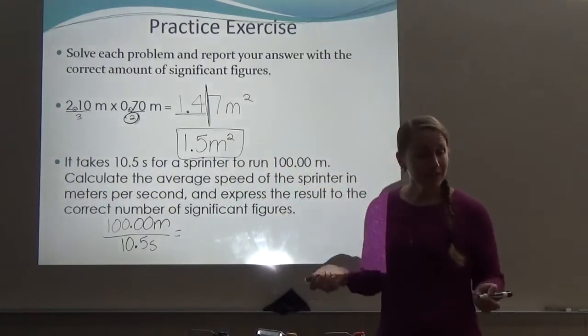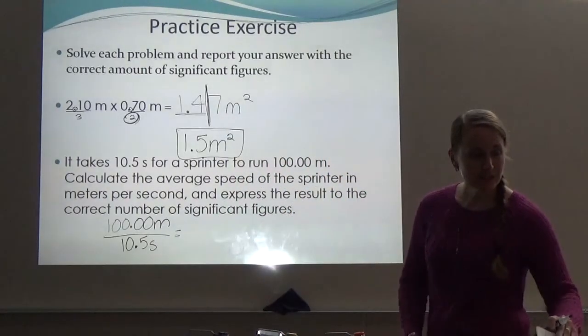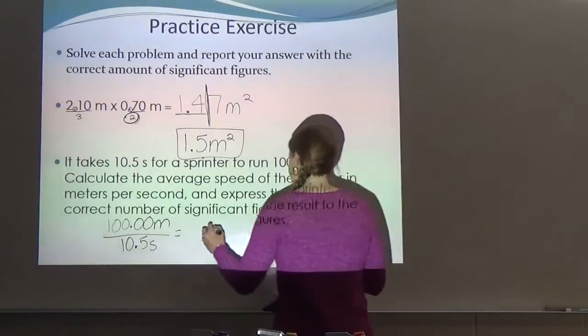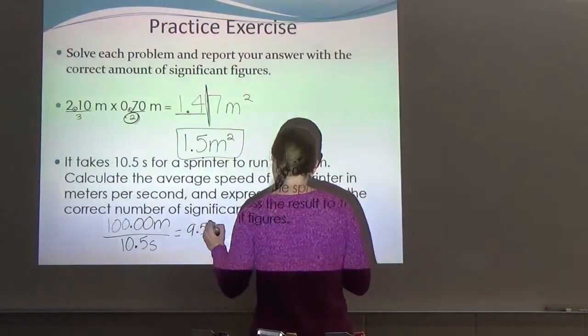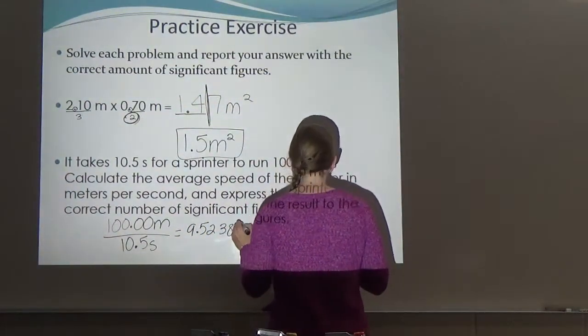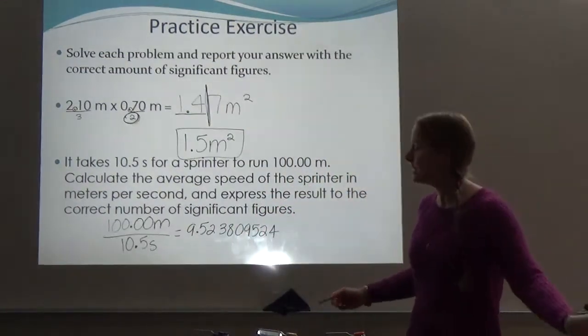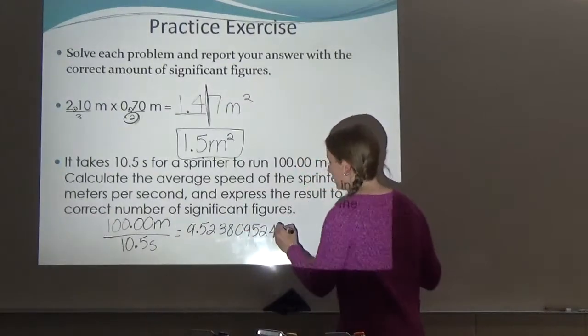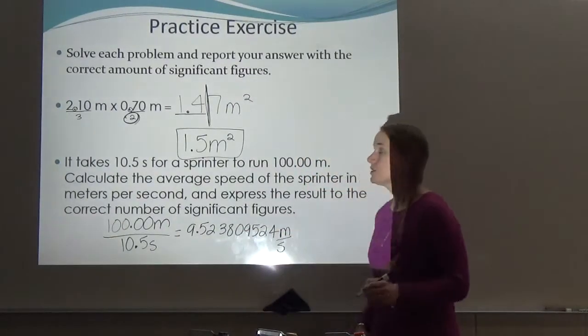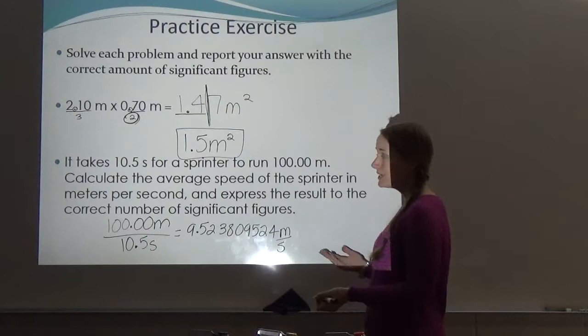When you plug this into the calculator, it's going to give you a super long number, 9.523809524. And because the meters and seconds don't cancel, it's meters per second. So we have to figure out where to round, so we're counting significant figures.